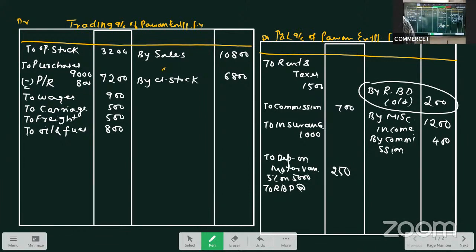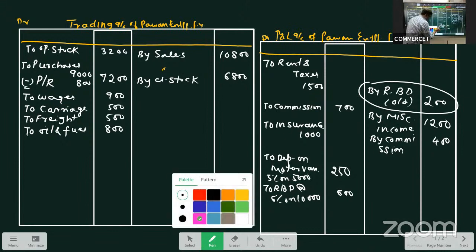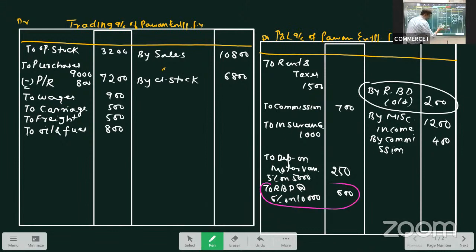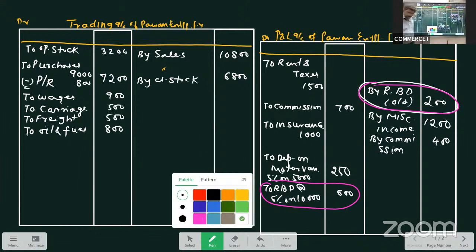What is the value of debtors given? Debtors are given as 10,000. So I'll take 6% on 10,000, that is 600. This is the new provision we have created. And this is the old provision given in the trial balance credit side.